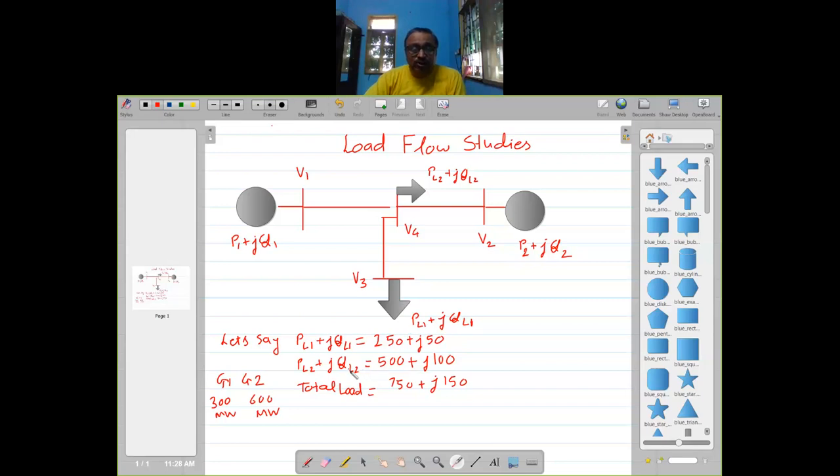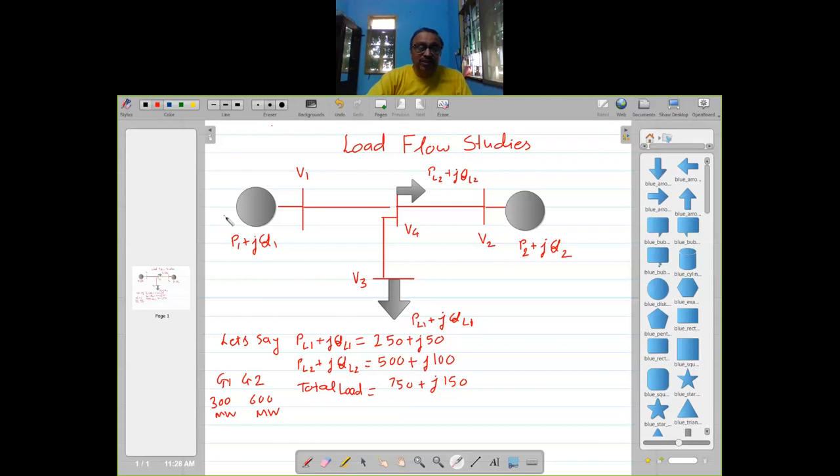And the load on bus number 4, which is PL2 plus jQL2, let me take a figure of 500 megawatt plus j100. That is the total power which will be consumed by this load. We know that these are the loads that are connected. So the total load that I have to supply is 750 megawatt plus j150. That is the total load.